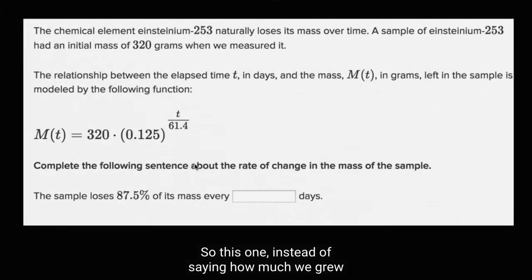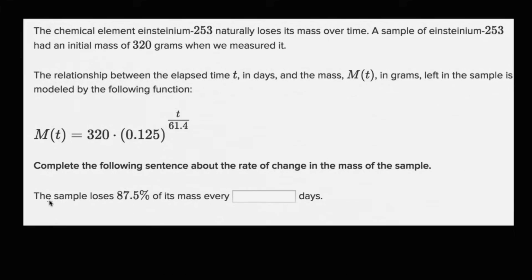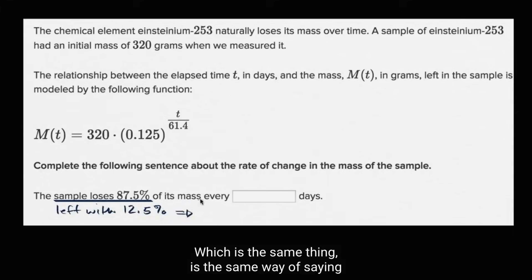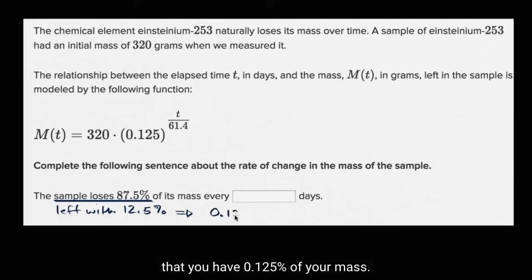So this one, instead of saying how much we grew or shrunk by, we're saying a percent change. So if you lose 87.5%, that means that you are left with 12.5%, which is the same way of saying that you have 0.125 of your mass.